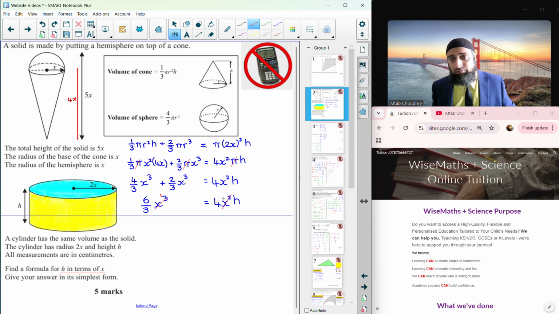And over here it will just be 1. Let's simplify that further. You end up with 2x over here is equal to 4 times 1 times h, which is just 4h. Now we just need to simplify it by dividing both sides by 4. So you end up with 2x over 4, because it does want the answer in its simplest form. Therefore your height h is going to work out to be a half x.